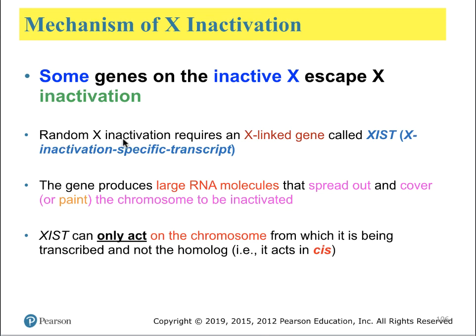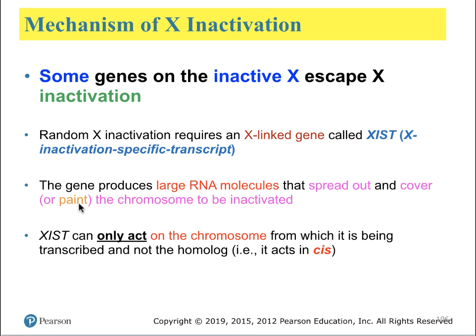This random X inactivation requires an X-linked gene called XIST, X inactivation specific transcript. And that gene produces RNA, and that RNA, which are large molecules, spread out over the chromosome that's expressing that gene and cover the chromosome, therefore inactivating it, making it inaccessible to proteins.